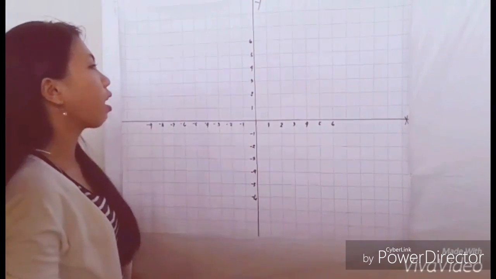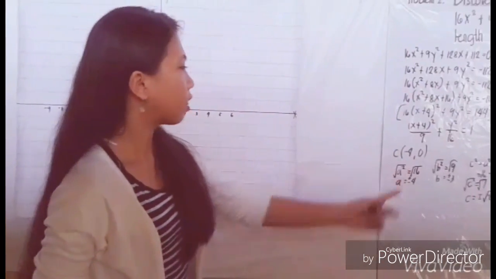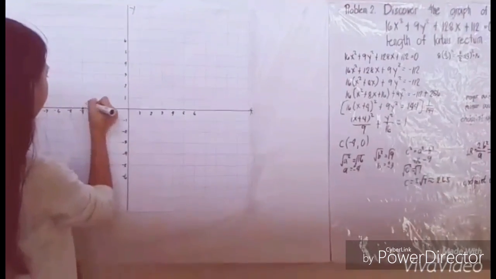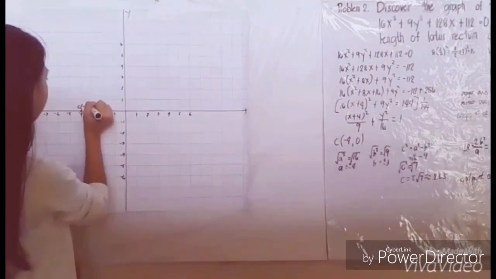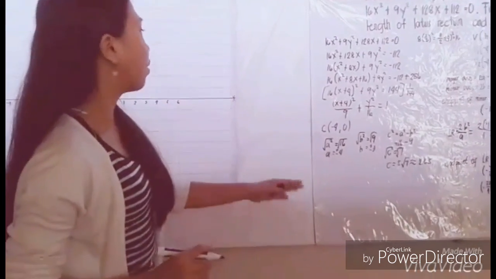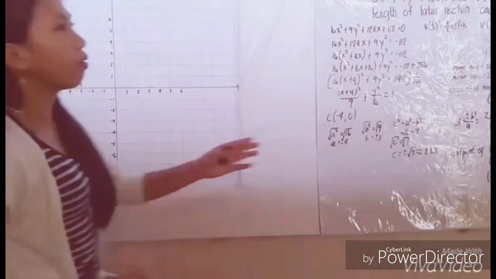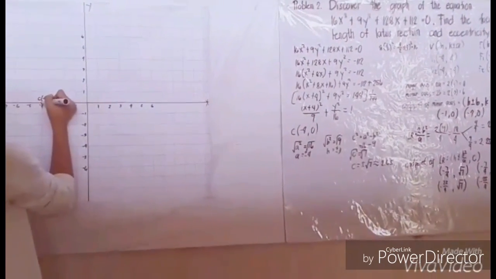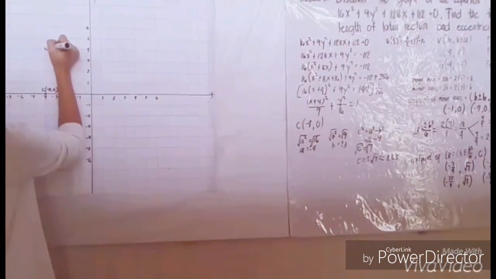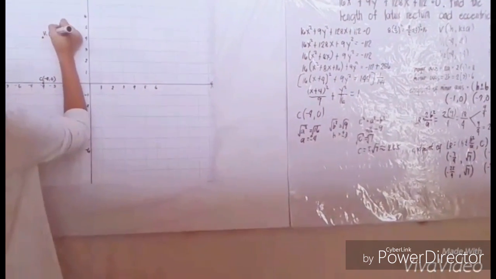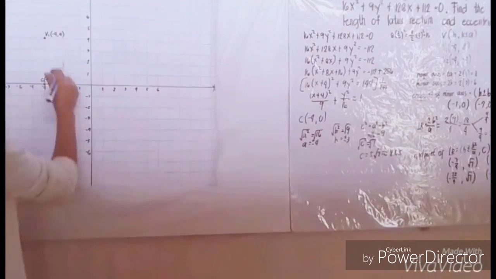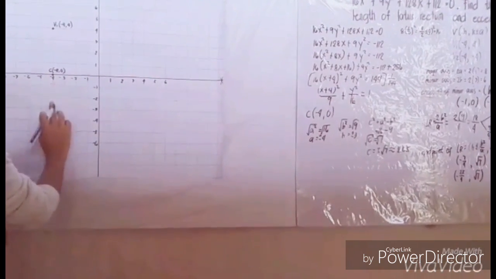We can now sketch our graph. We have the center at negative 4, 0. And our vertices are negative 4, 4, positive 4, and also our vertex 2, which is negative 4, negative 4.